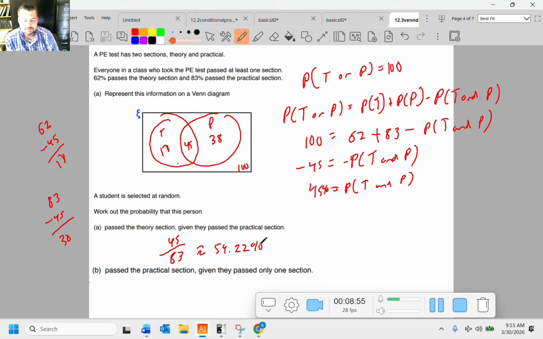Passed the practical section given they only passed one section. Passed practical given they only passed one thing. That'd be these kids right here. 38%. Because it's actually 38 out of 100, which is still 38%, right?